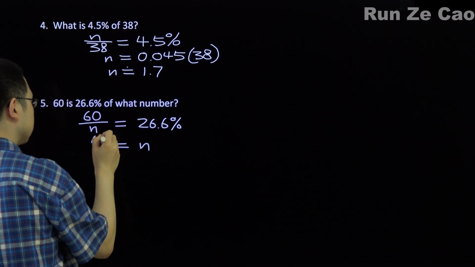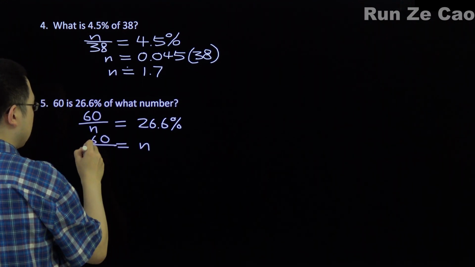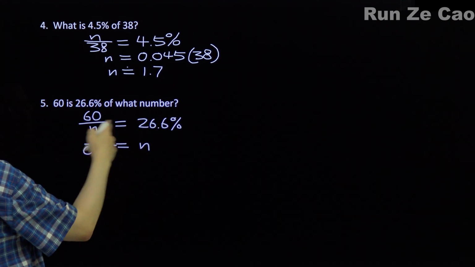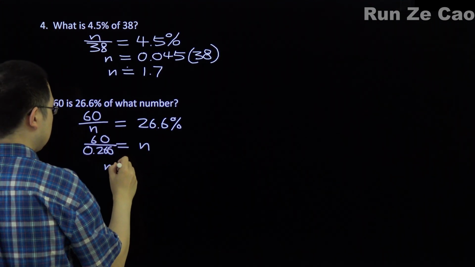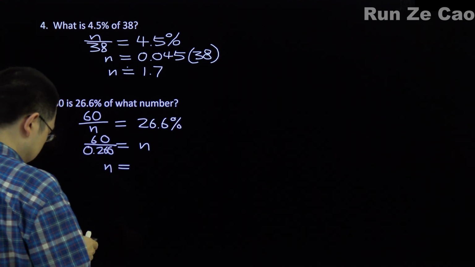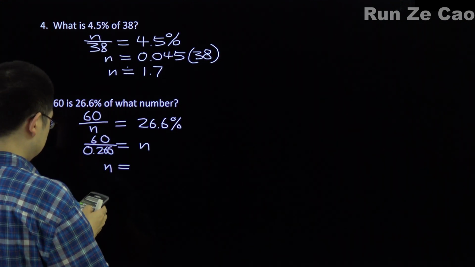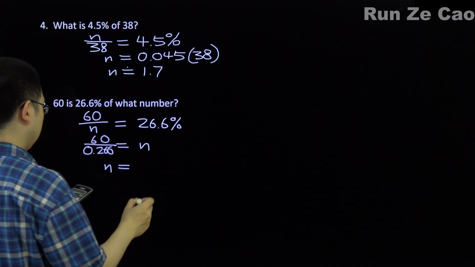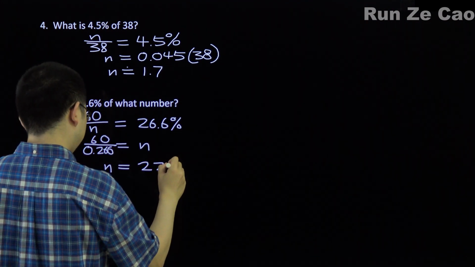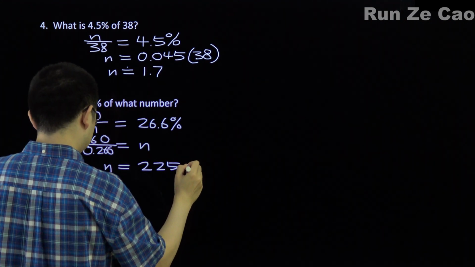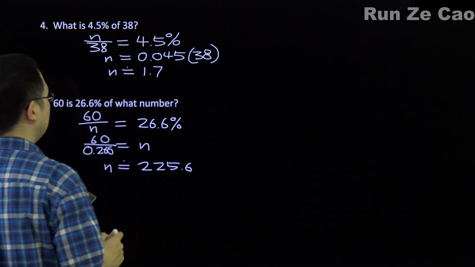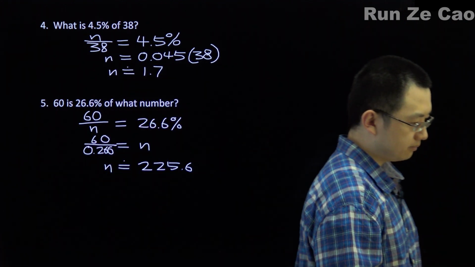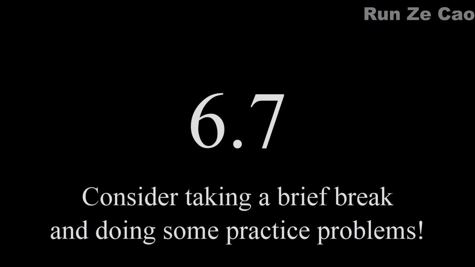So n is equal to 60 divided by 0.266, because that's dividing this over. N is therefore 60 divided by 0.266 to give us 225.6 approximately, because that's to the nearest tenth.